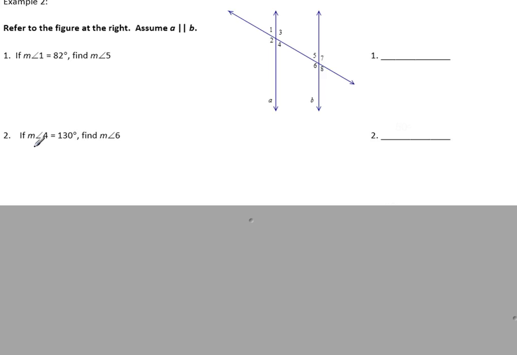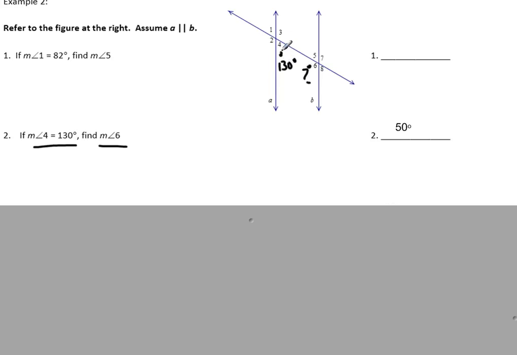Okay, using the same picture, pause the video and see if you can figure out the measure of angle 6 if you know the measure of angle 4. And you should have gotten 50 degrees because remember that angle 4 is 130. Oh, well, that can't be 130. That's acute. Let's just pretend that this was an obtuse angle.